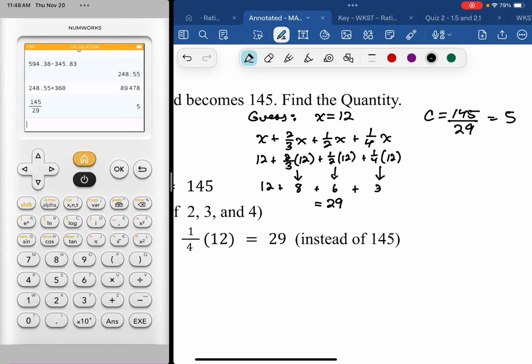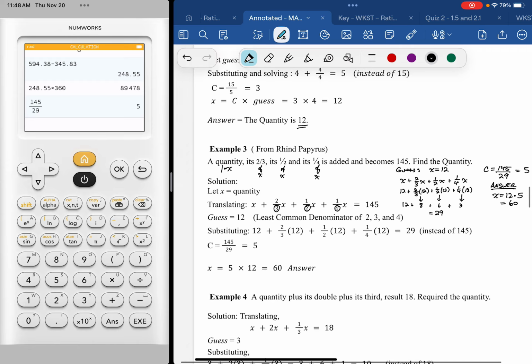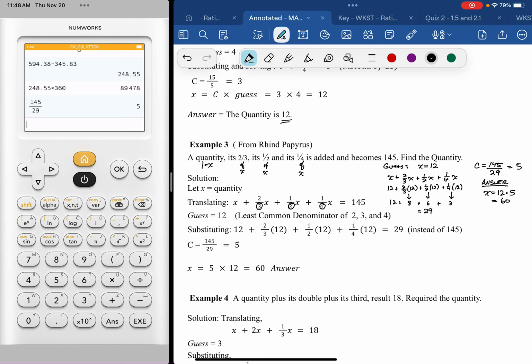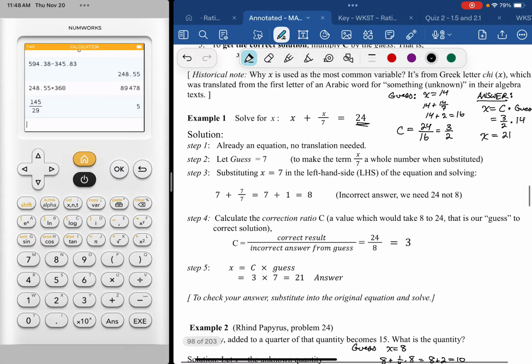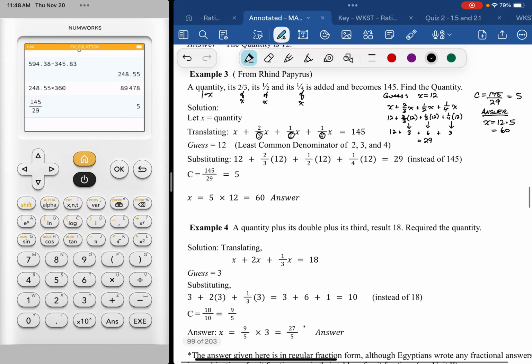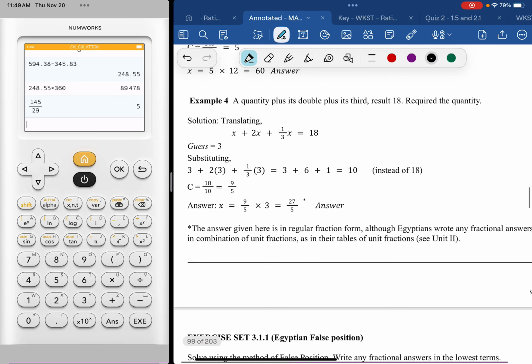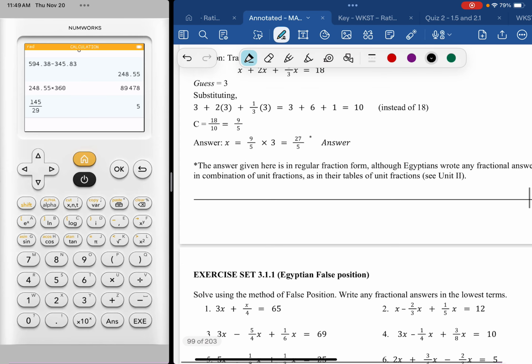So that means that if I take my guess of 12 and multiply it by the correction factor of 5, I should get 60, and that is the answer. Right? Obviously, the biggest challenge here, I think, assuming that you understand this approach, is getting the equation first from the words. Right?